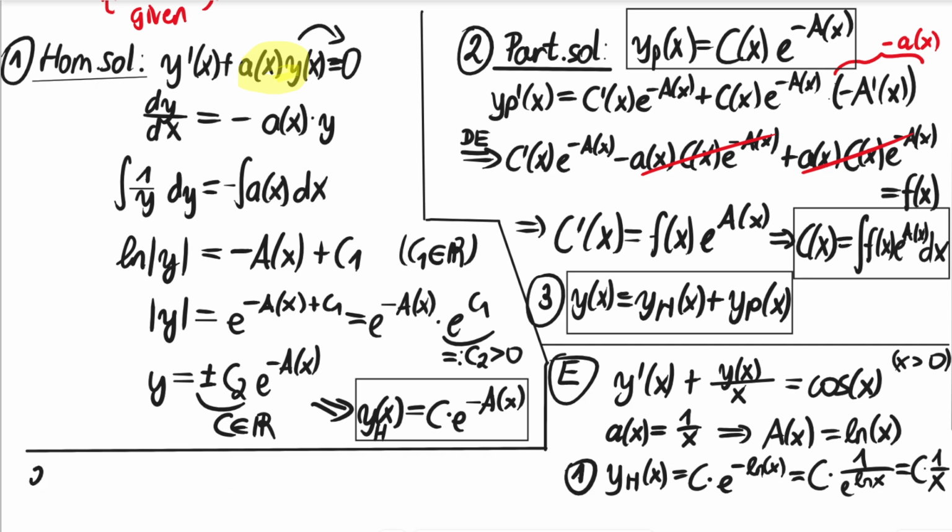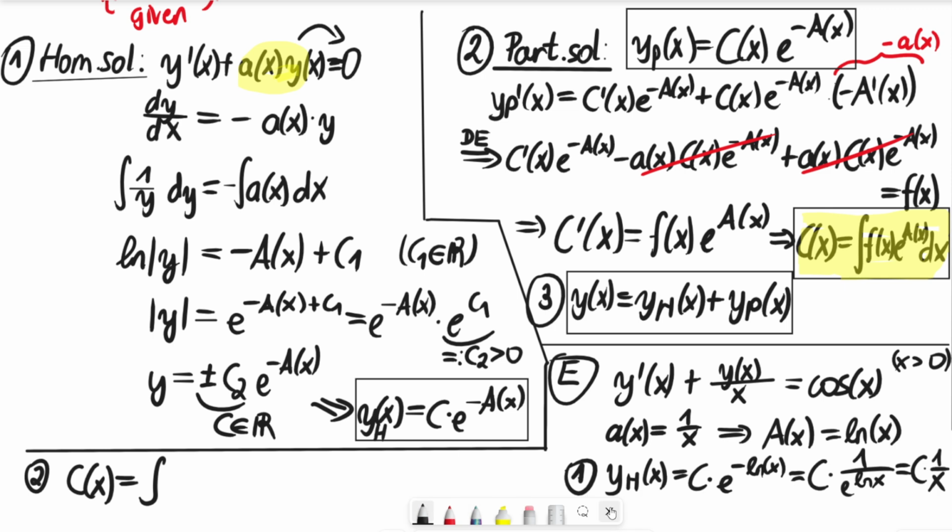Now the second part here. We need to figure out what the particular solution is, and we can directly start with the c of x formula, which is the integration of f of x times e power A of x. So f of x in our case is the cosine of x times e power, and the capital A is ln x, dx.